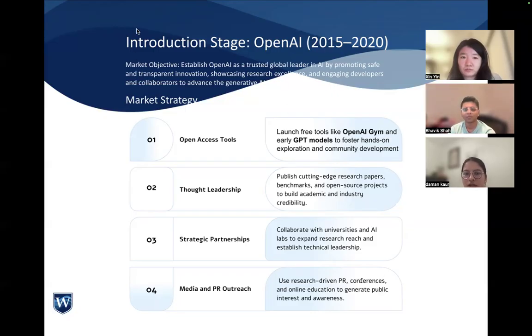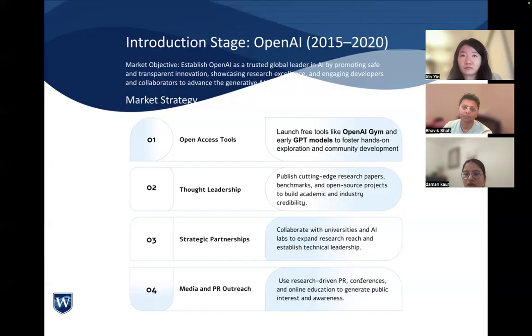Talking about its marketing strategy, the first one is open access tools, where it launches free tools like OpenAI Gym and earlier GPT models so that they can promote exploration and community development. The second is thought leadership, publishing research papers, benchmarks, and projects so that they can build academic and industry credibility.